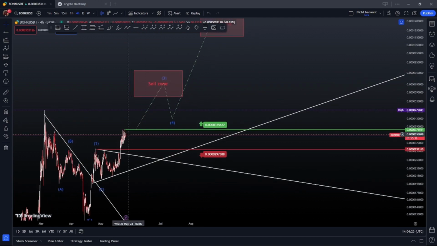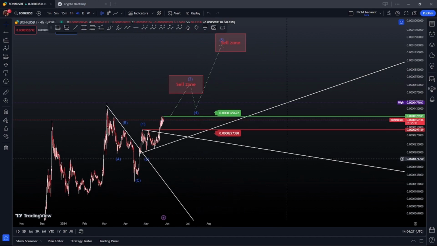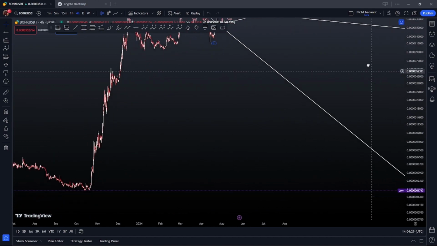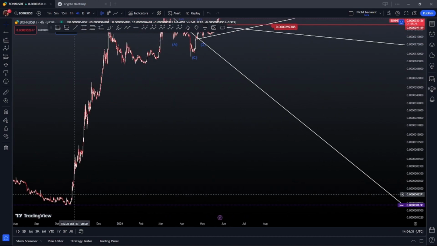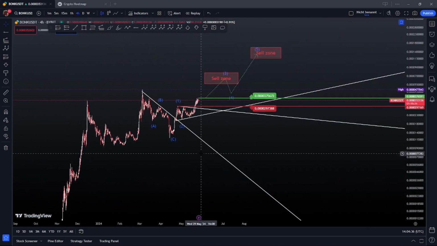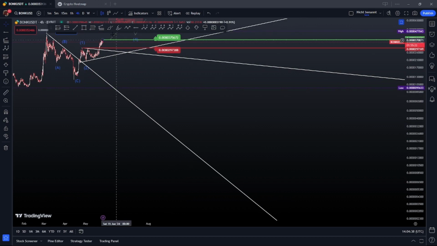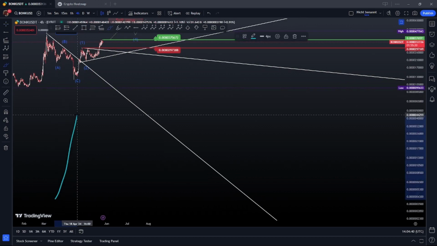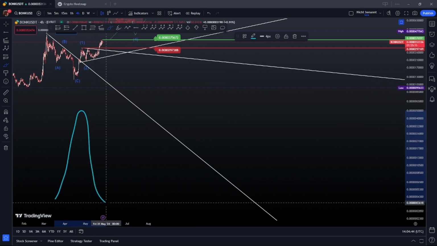So BONK is definitely a must-have in your portfolio. I won't bet too big on BONK because it is a meme coin, and we saw the parabolic rise over here, and as we all know, a parabolic rise is always followed by a parabolic shrinking of price.